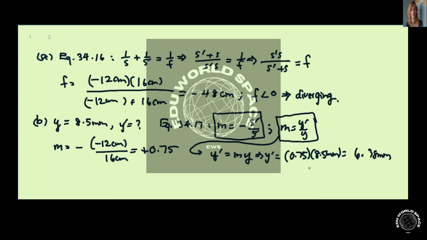I would urge you to plug in the numbers, of course, and check for yourself, just in case I made any mistakes. But the equations themselves and the method that I use should be correct. Now we're asked if the image is erect or inverted. Since m is positive, the image is erect.